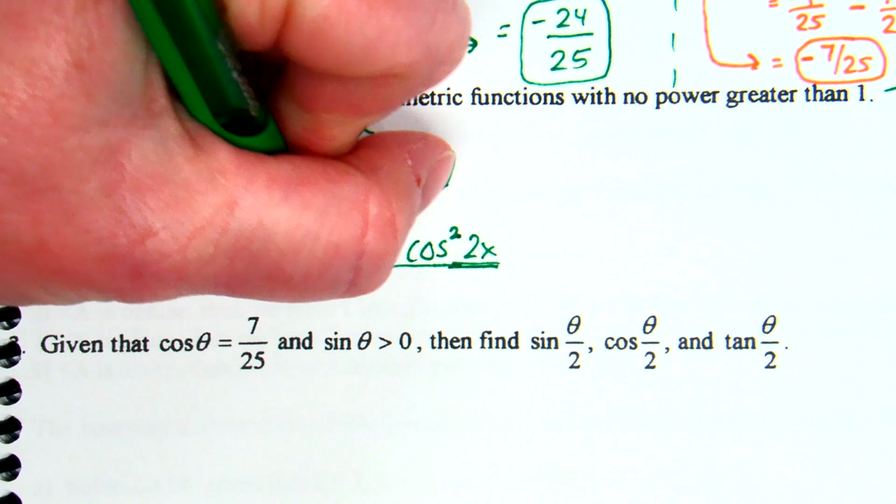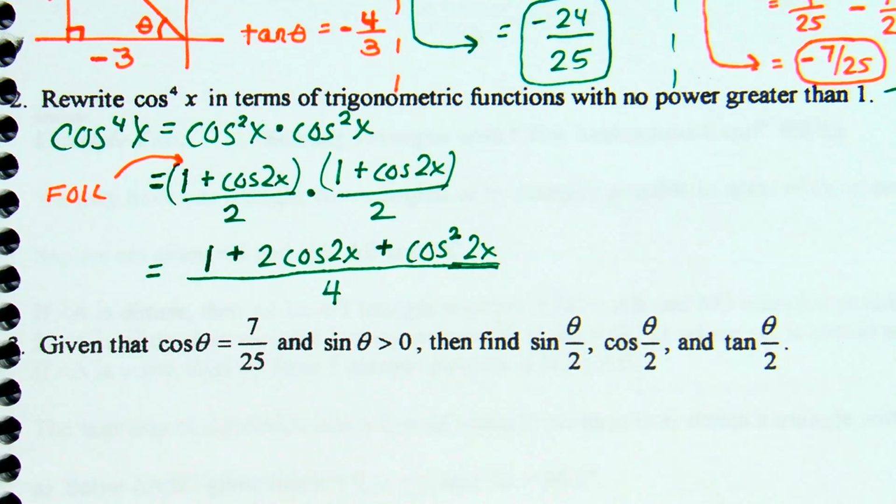Okay. Examine this problem for a moment. Our overall job on this problem is to rewrite cosine to the 4th x in terms of trig functions with no power greater than 1. Because after we FOILed that, we now have a power greater than 1 back.